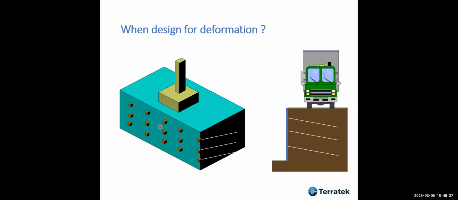What you can have here is a special design in which you put more nails, more anchors in order to limit the deformation, and this is not applicable to the sides.